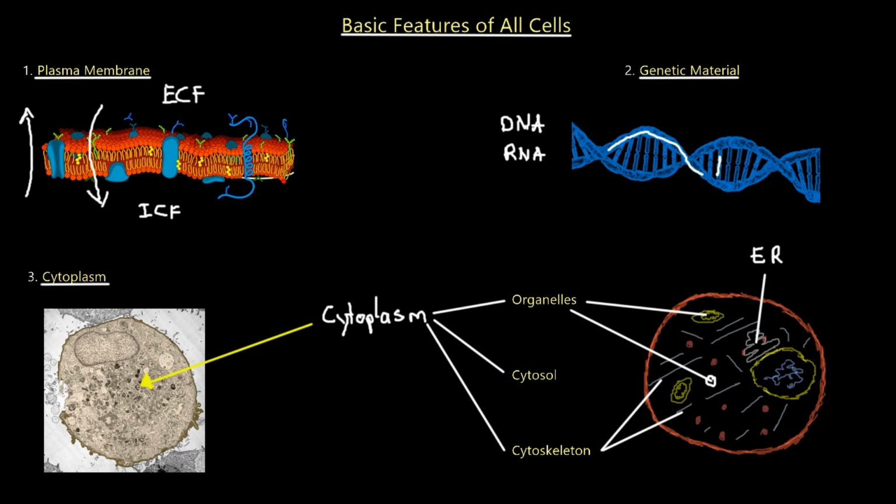The cytoskeleton was originally thought to be specific to eukaryotic cells, but recently a lot of research has shown that eukaryotic cytoskeletal proteins also exist in prokaryotes.